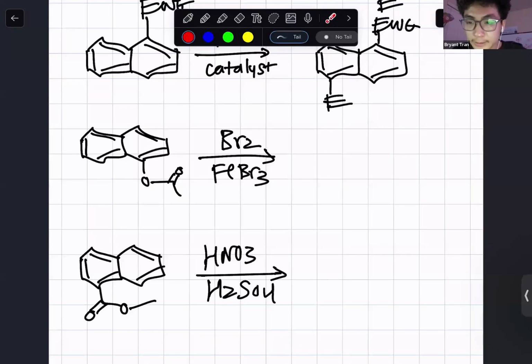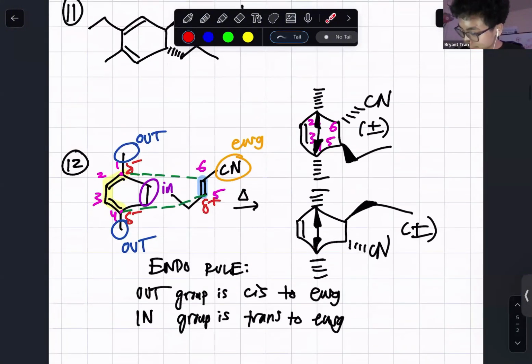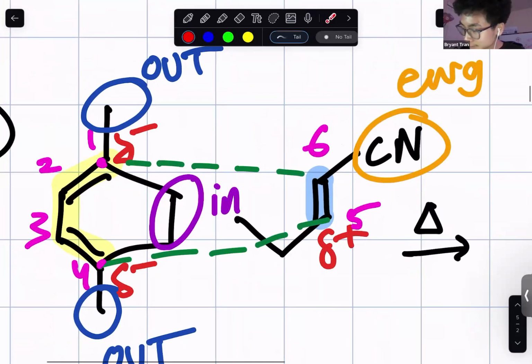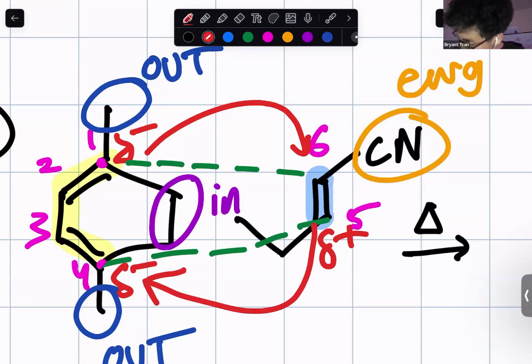What would we include in a Diels-Alder mechanism? So the Diels-Alder mechanism is very simple. It's very short, right? Because if we go back to number 12 here, all there is to a Diels-Alder reaction mechanism are these 3 concerted arrows here, right?